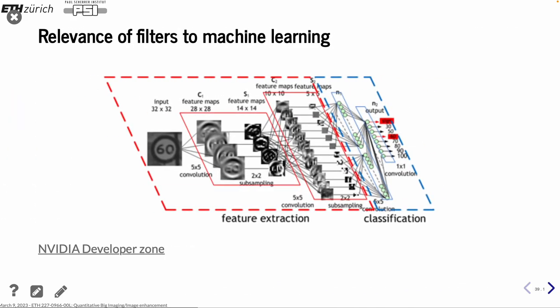And these filters can be used in many applications, and nowadays with machine learning for image processing, it's actually a big bunch of convolution kernels. So we are talking about convolutional networks, and the different features are extracted by filter kernels that have been optimized to produce the answers from the trained data.